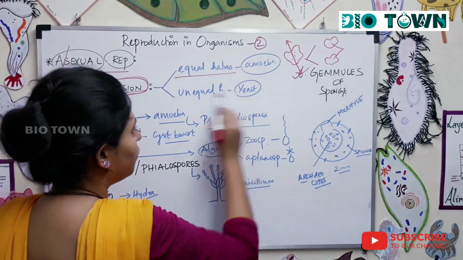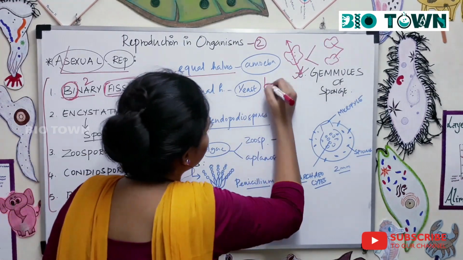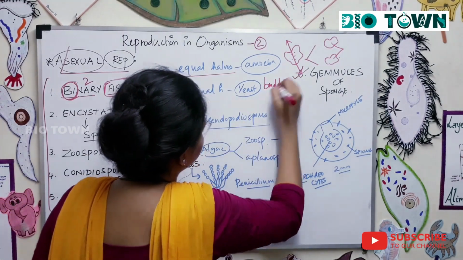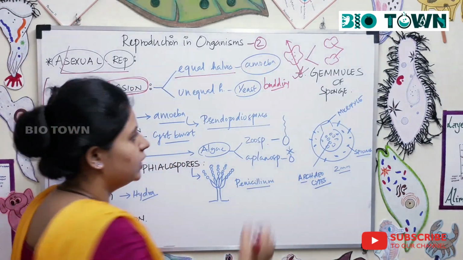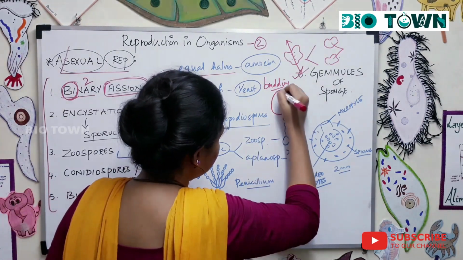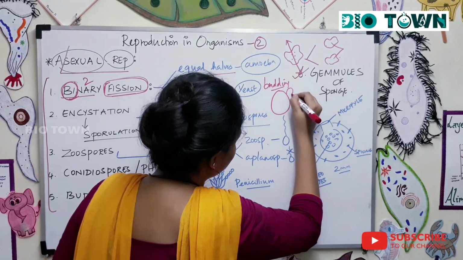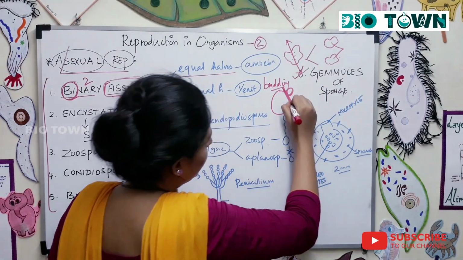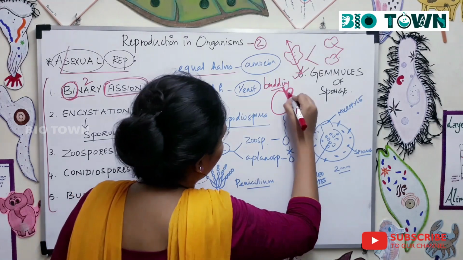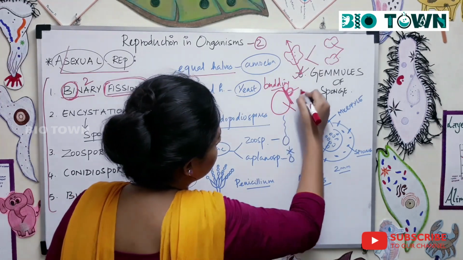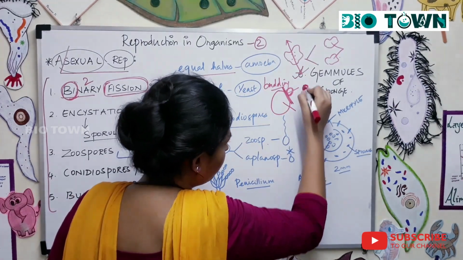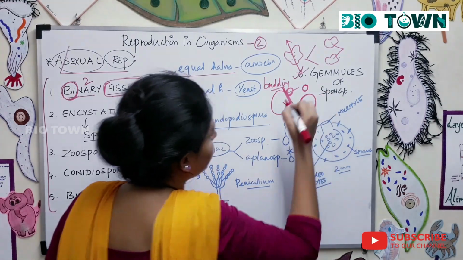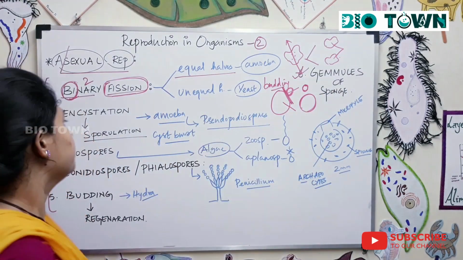But in case of yeast, budding is the form of binary fission. So there is an oval yeast cell, there is a formation of a bud, and this bud detaches from the yeast cell, and now there are 2 daughter cells where one is a smaller daughter cell when you compare it with the other.